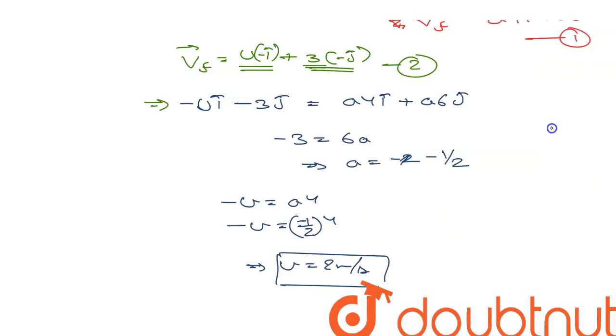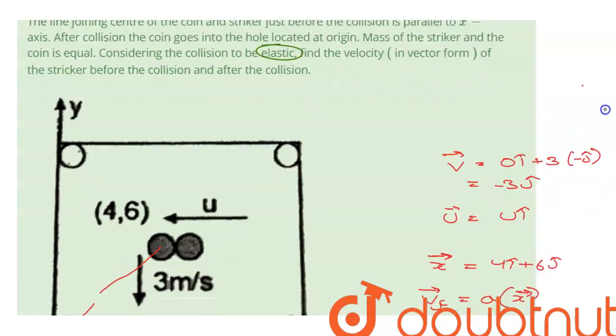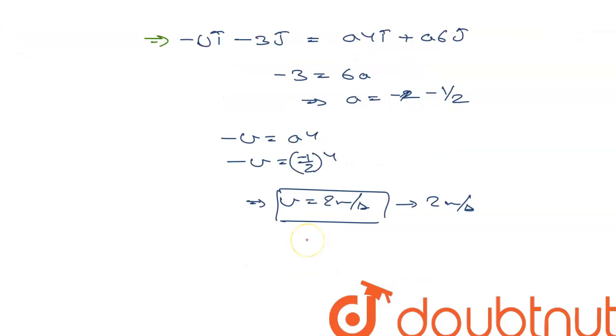So the velocity in vector form of the striker before the collision is 2 meter per second, and we know that in a perfectly head-on elastic collision, the velocity of the moving body gets transferred to the stationary body.